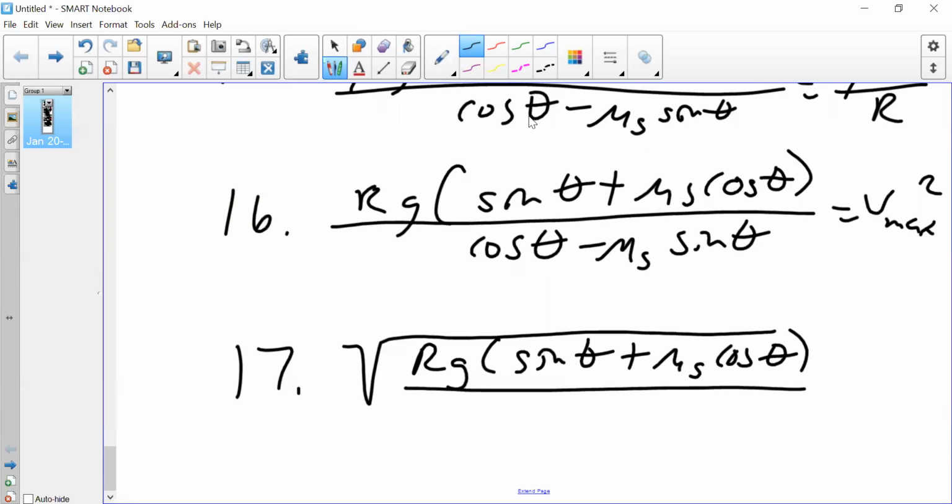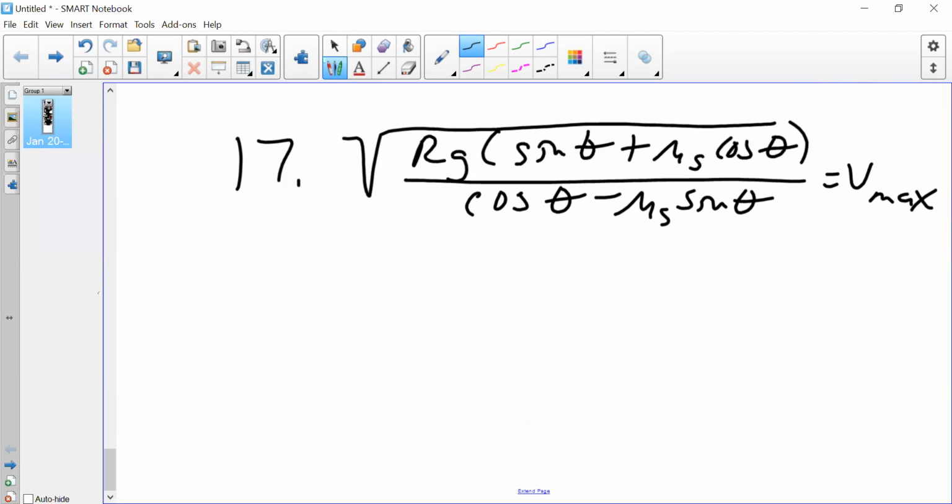So expressions for v min and v max, and then you just put in your numbers. And so say you got, or others, so your maximum speed was like 12.